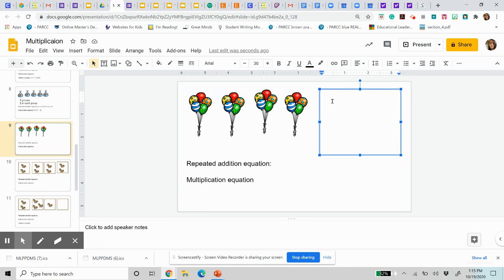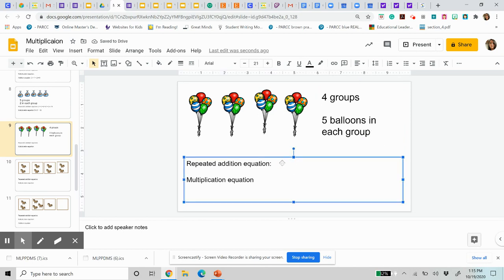The bundle of balloons is counting as the group. So 4 groups. And then how many balloons are in each group? So 1, 2, 3, 4, 5. And there's 5 in each. So 5 balloons in each group. Okay, so 4 groups, 5 balloons in each group.